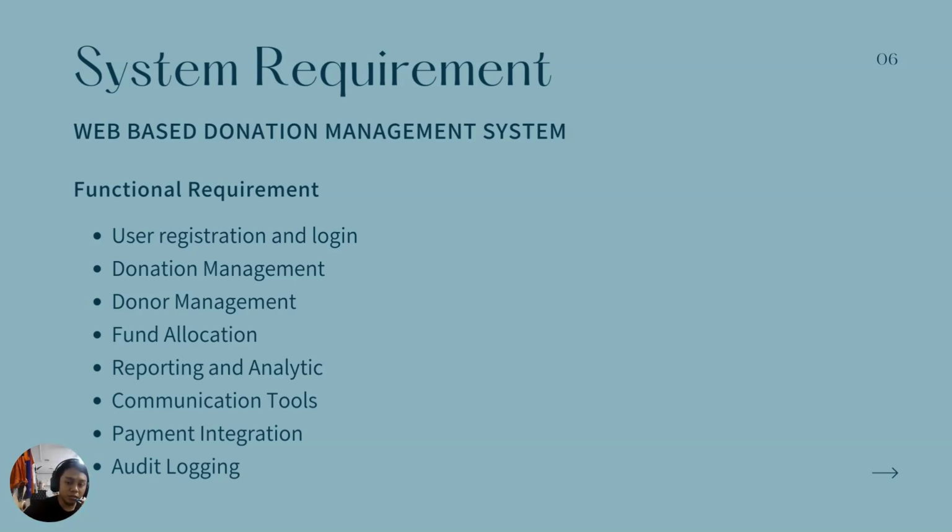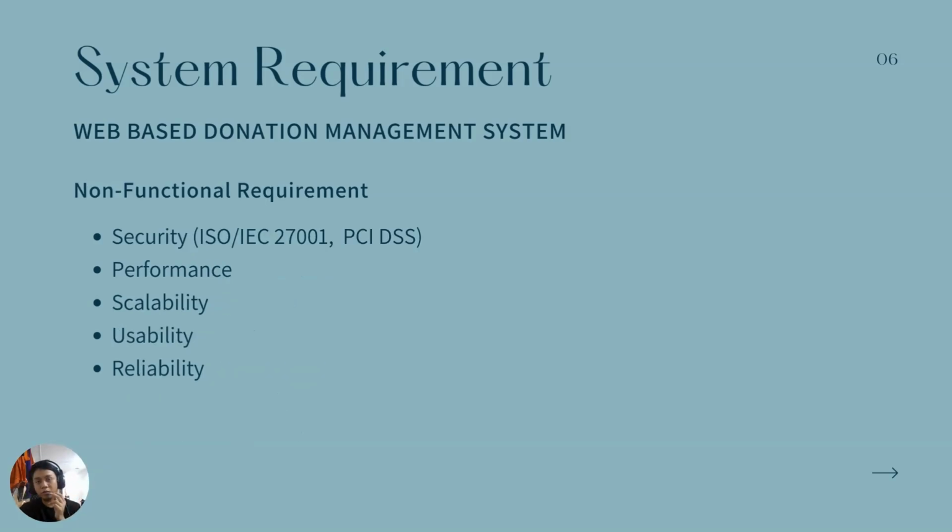So the next one we have the non-functional requirements. So here we will have the security, the performance, the scalability, the usability, and the reliability. For security, particularly we are following the ISO IEC 27001.